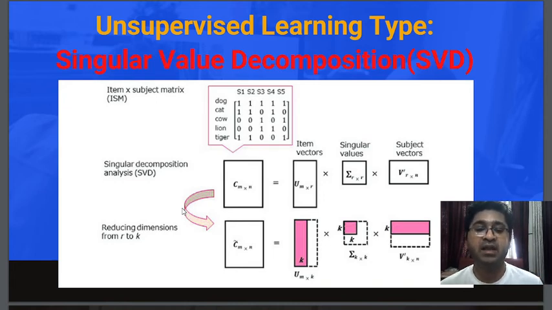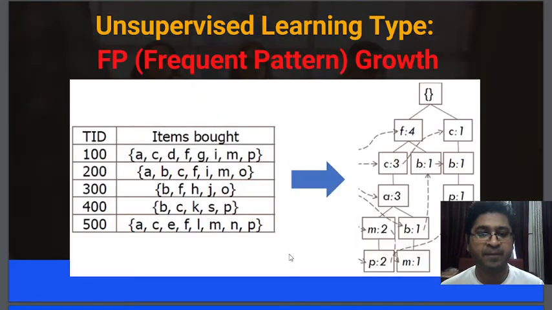Then we define the singular values and multiply the subject vectors, and eventually it calculates. It is a purely mathematical portion, and scikit-learn and SciPy libraries are used to run this kind of unsupervised learning algorithm. So singular value decomposition is a purely mathematical algorithm, and we define it in this way.